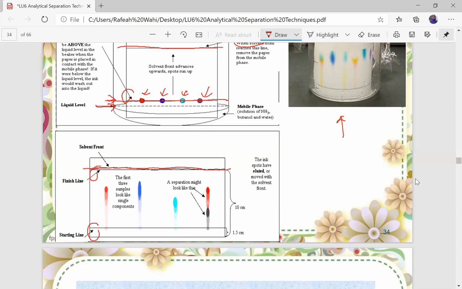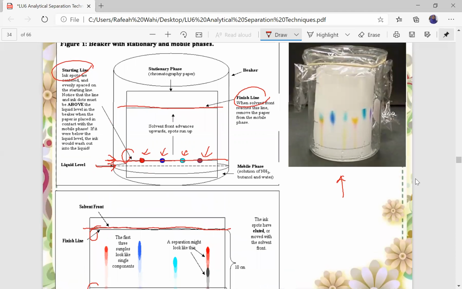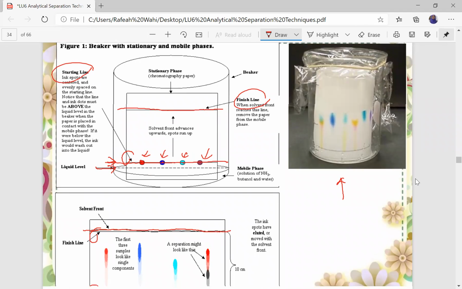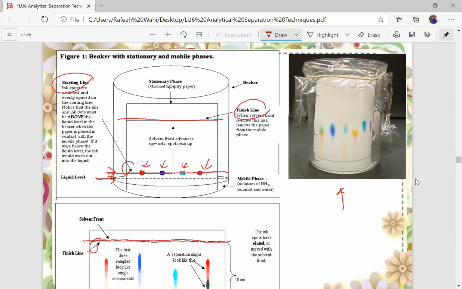If you see the diagram here, all the dots at the starting line just now have moved up the stationary phase, the paper. So this is why I said just now, the sample moves up the stationary phase. It really moves up.